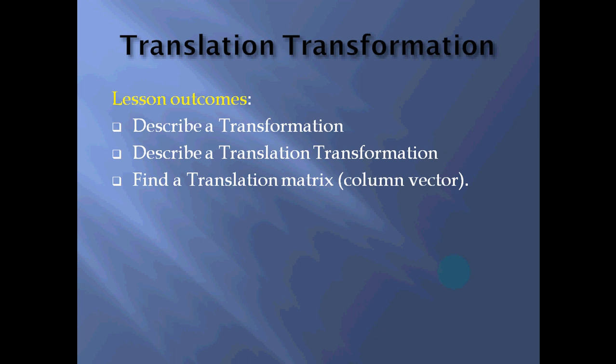We need to, at the end of the lesson, describe what a transformation is. We need to describe a transformation. And then we should find a translation matrix representing a translation transformation.